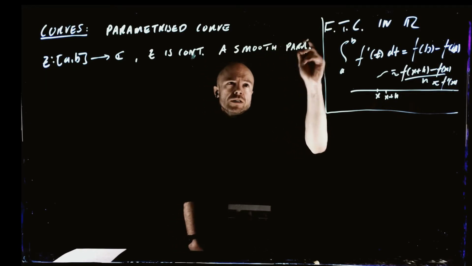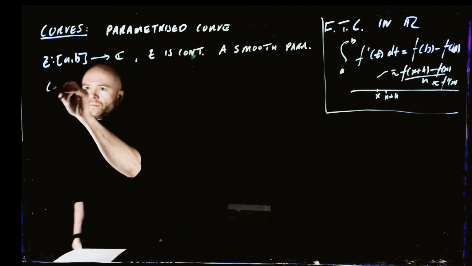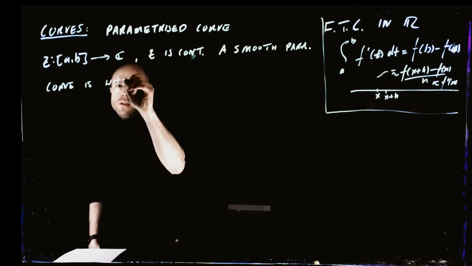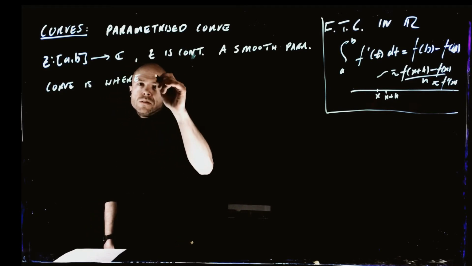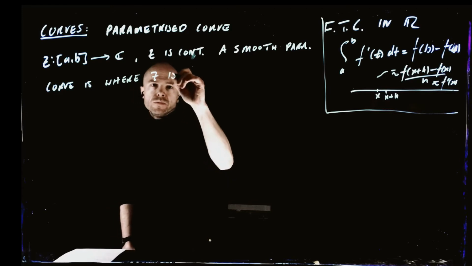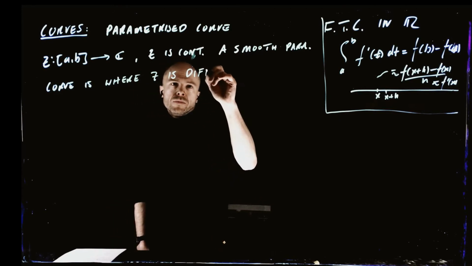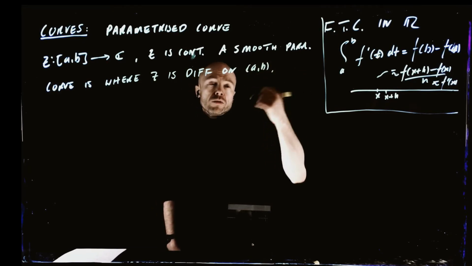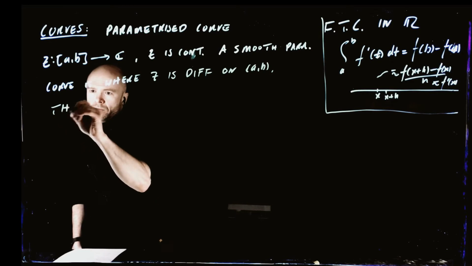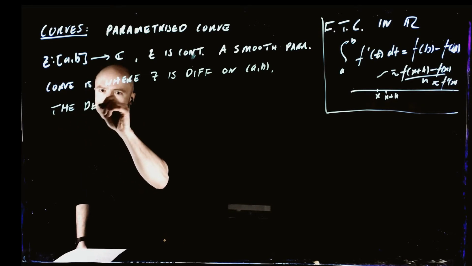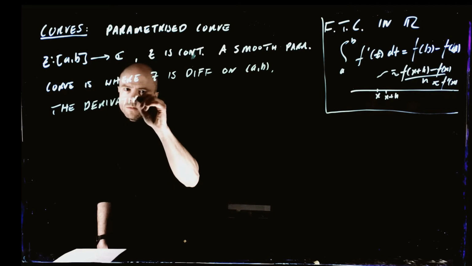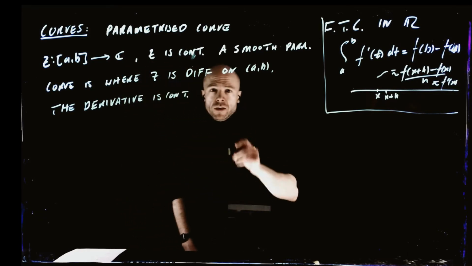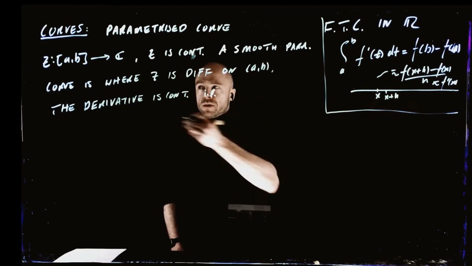From now on, parametrized gets abbreviated like this, where z is differentiable on [a, b], the derivative is continuous, and differentiability is pretty easy to understand, right?